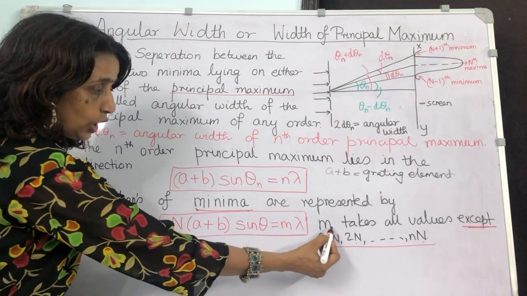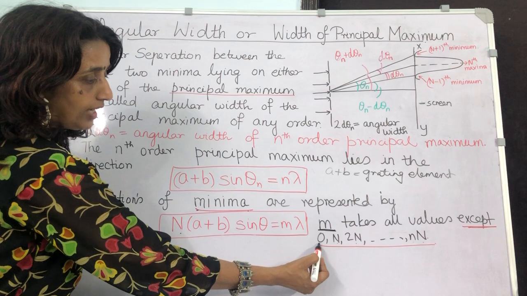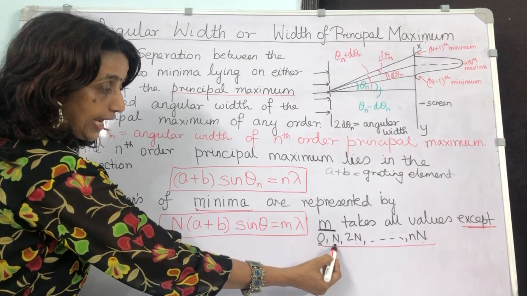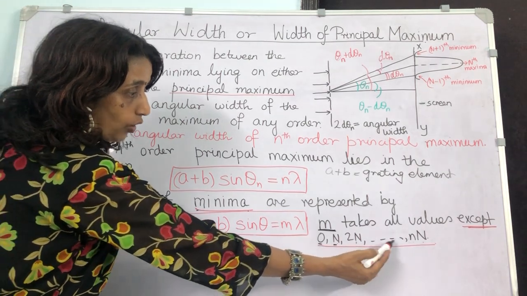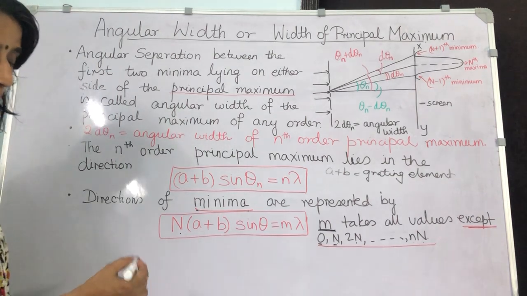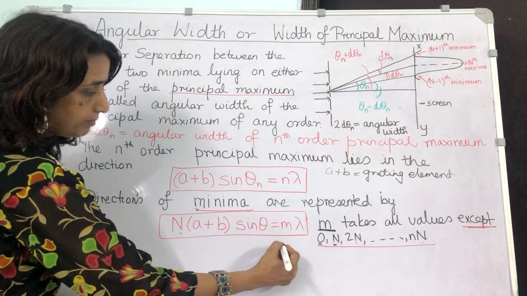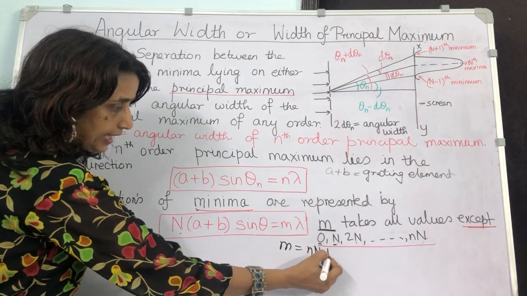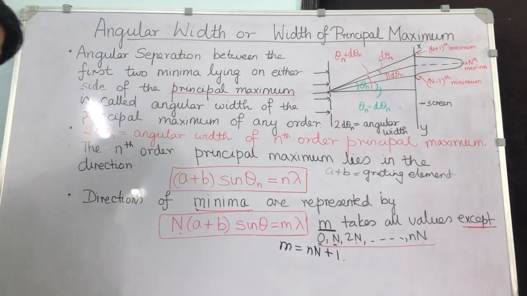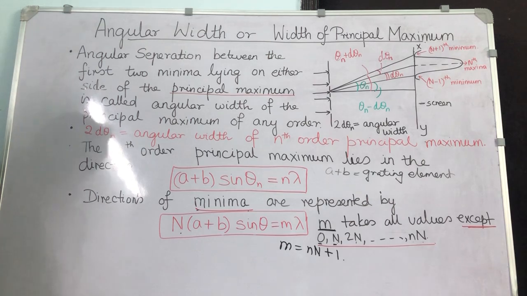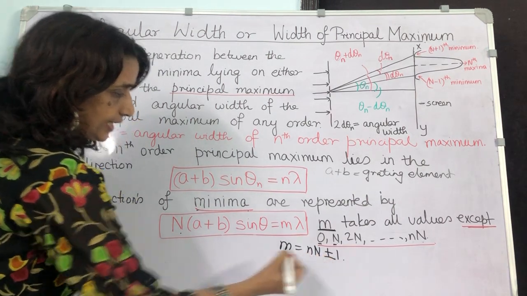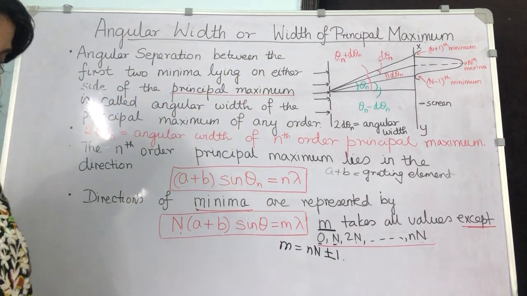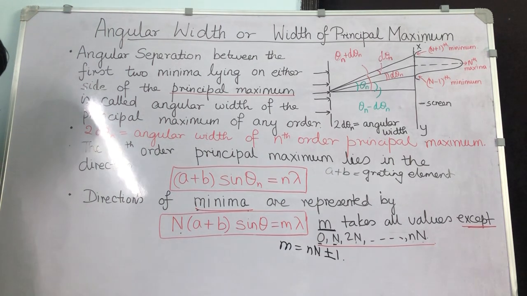So m will not take the values 0, N, 2N and so on up to nN. The possible values of m will be nN ± 1, that is, on either side of the central maxima.